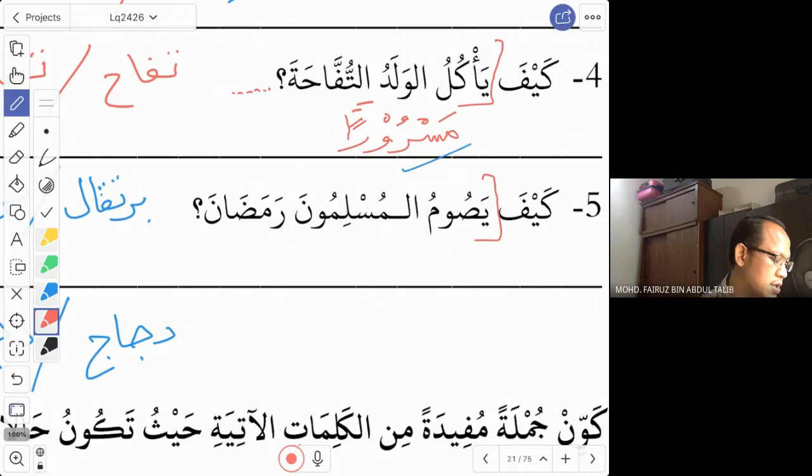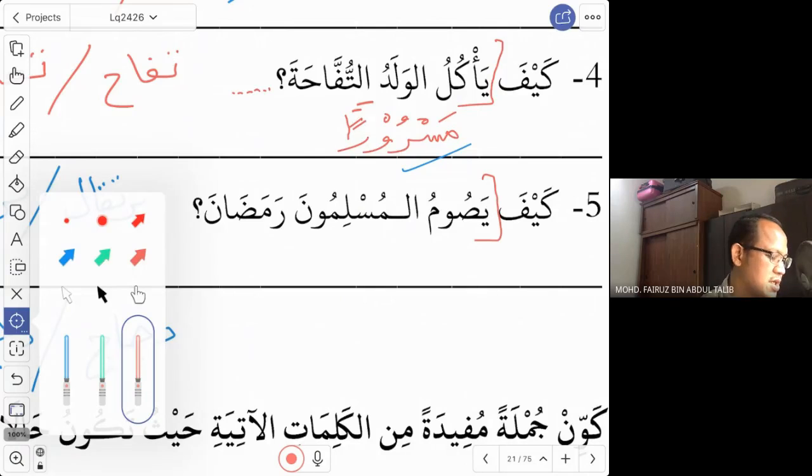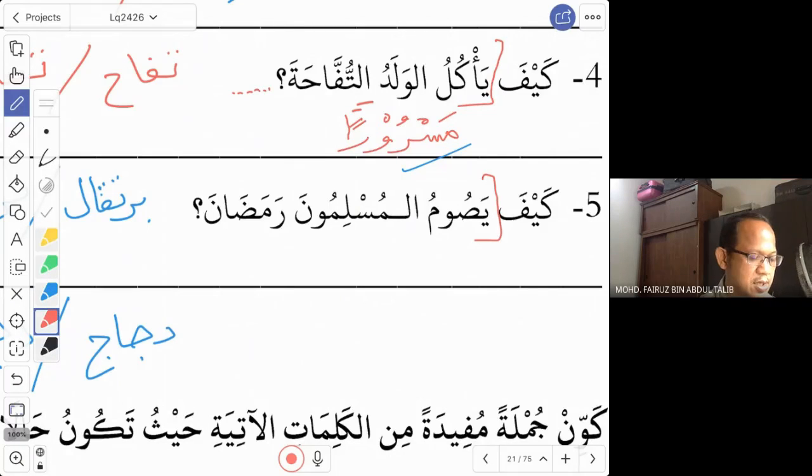What is the meaning of mujtahidin in this sentence? Yasumul muslimuna ramadana mujtahidina. It means they really fast. They observe all the makruh, all the sunnah and so on.